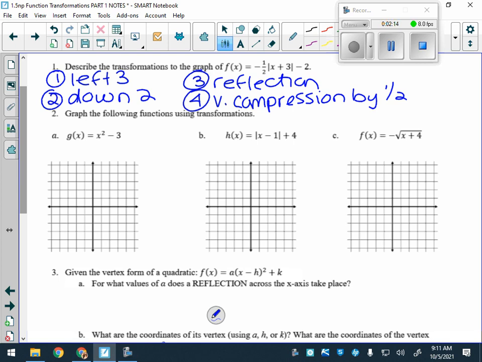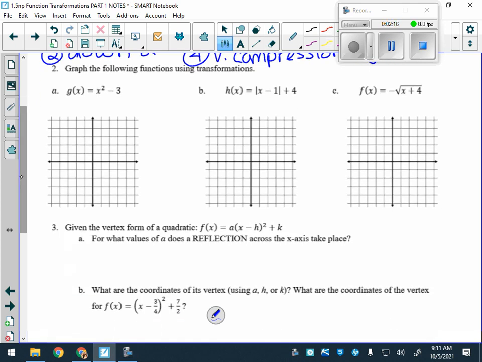Okay? Okay, so for 2A, we have a quadratic. Lily Wade, what's my vertex? Well, the vertex. So what would be the vertex for a quadratic, the lowest point? Lowest turning point. 0, -3, which remember, your vertex for a quadratic is HK.